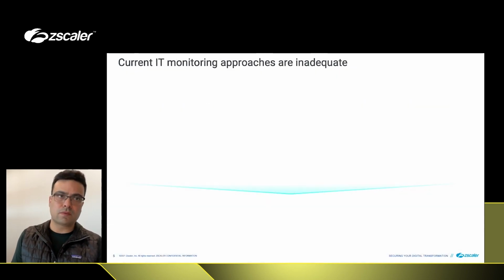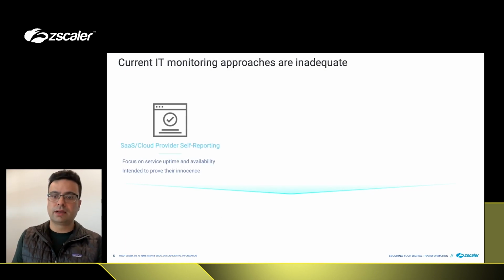So in terms of the current monitoring landscape, most of our customers have relied on a wide variety of monitoring tools that were purchased and deployed by different IT teams. For example, application teams would deploy APM tools, and as apps moved to the internet, they started relying on SaaS monitoring tools that come packaged with SaaS services.